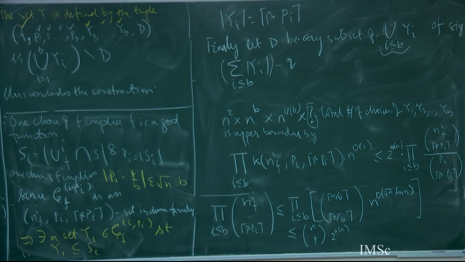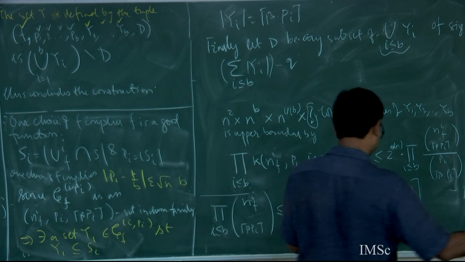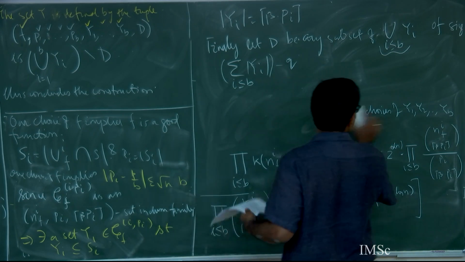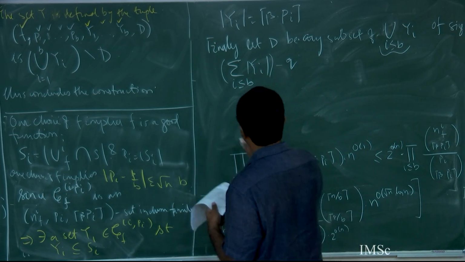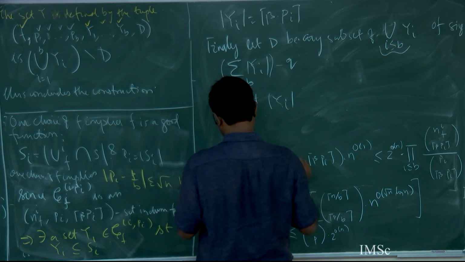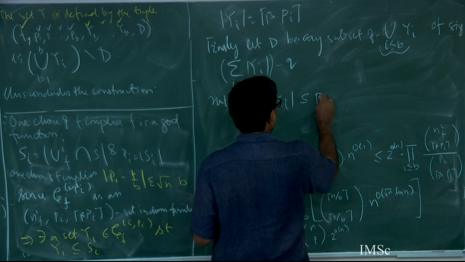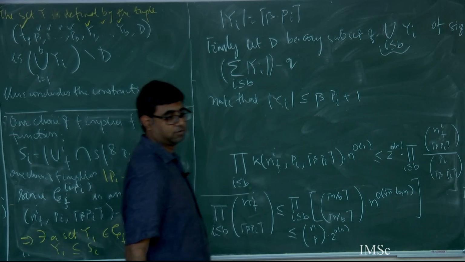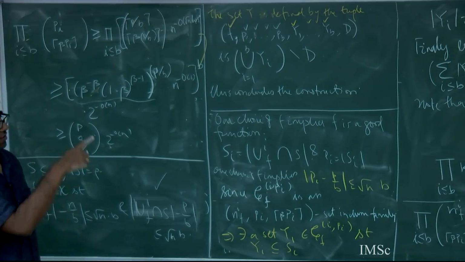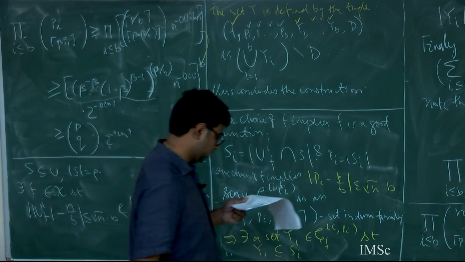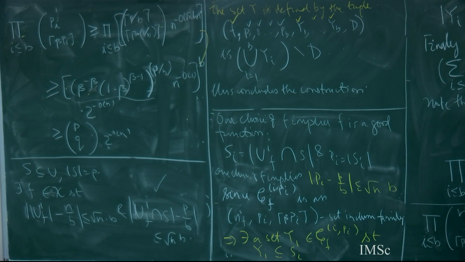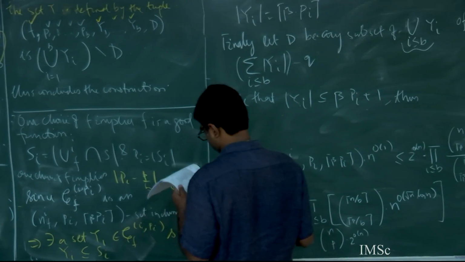What is the upper bound on D? Note that each yi is bounded by beta times pi plus 1. Do you agree? This is what it is bounded by, because it is just an upper ceiling. Thus, what is D bounded by?